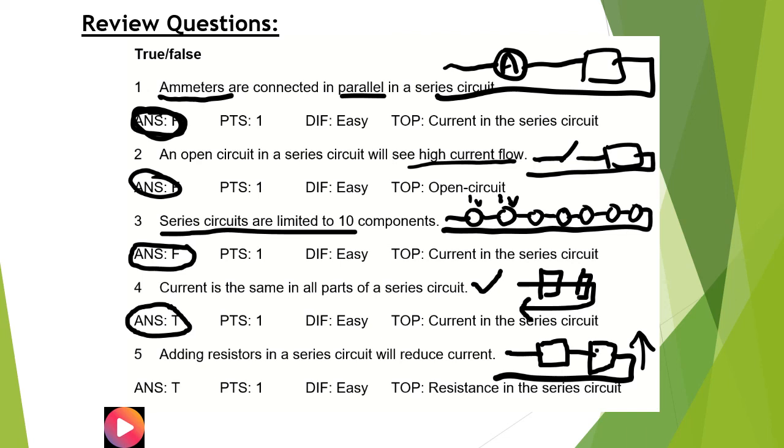So if we add another resistor into a circuit, the resistance value goes up, and we know that the current will reduce if the resistance is increased. So that answer is true.